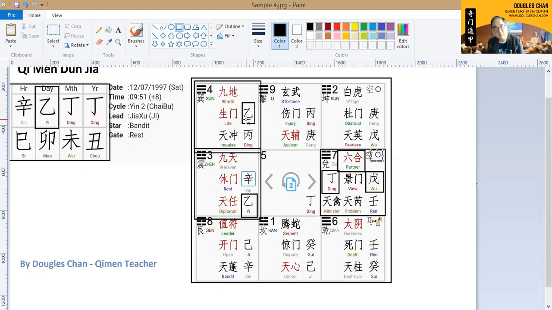So let's move on to academic. Academic wise, we are looking at this over here. Academic is accompanied by an Injury Door and a Black Tortoise. So it's not really that fantastic, because Injury Door is actually the second worst door in 奇门遁甲. And we have a Black Tortoise.